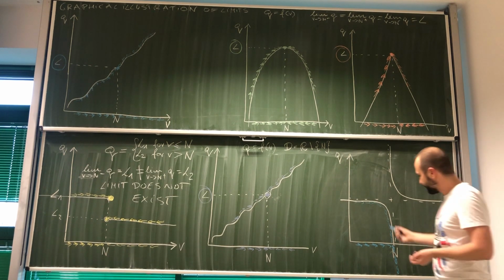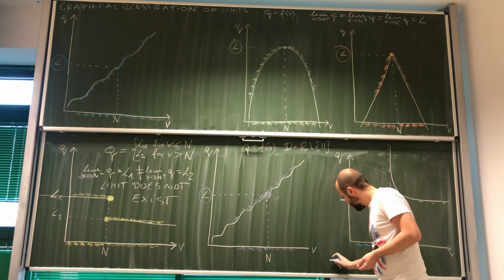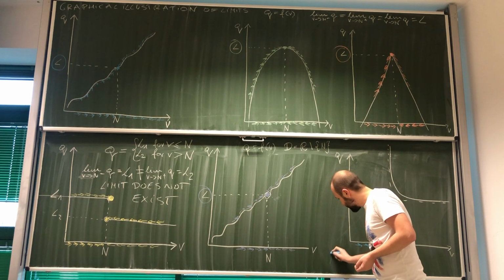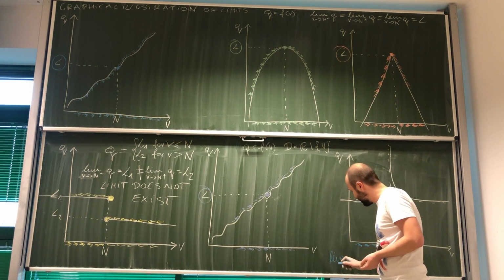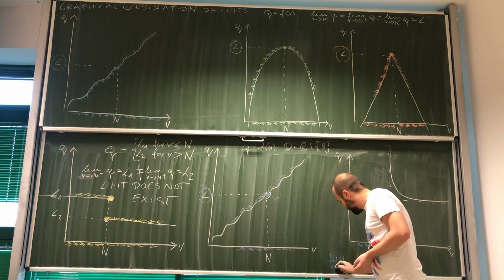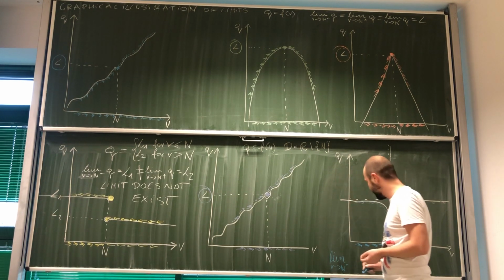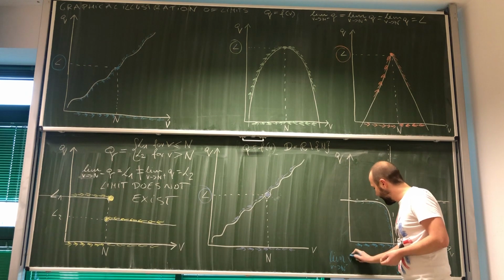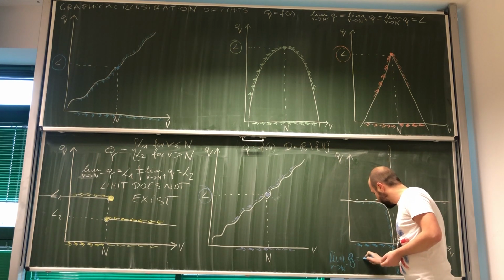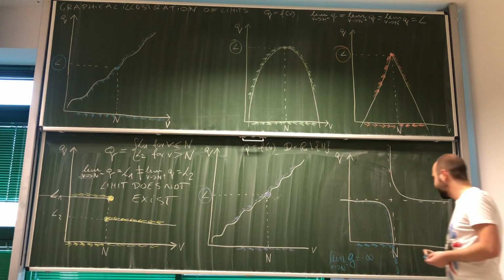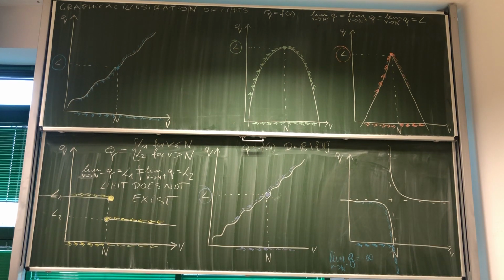Why? Because if I evaluate the limit with v approaching n from the left-hand side of q, I'm getting as a result negative infinity. And look, we said that L needs to be a finite number.